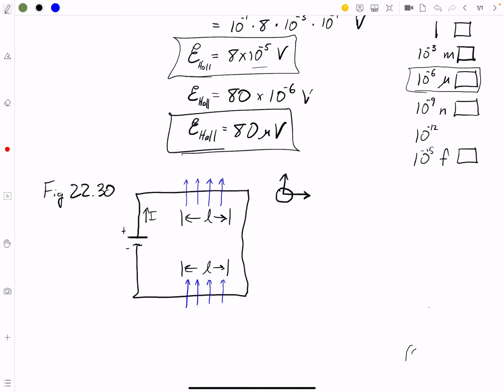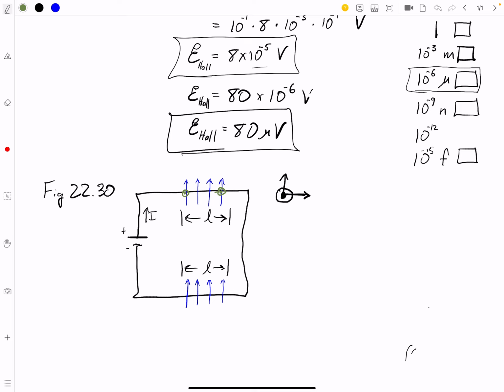The force ends up being right-hand rule. Okay, so that's the direction of our force. So let's put the force in green. The force on that wire is going to be up.